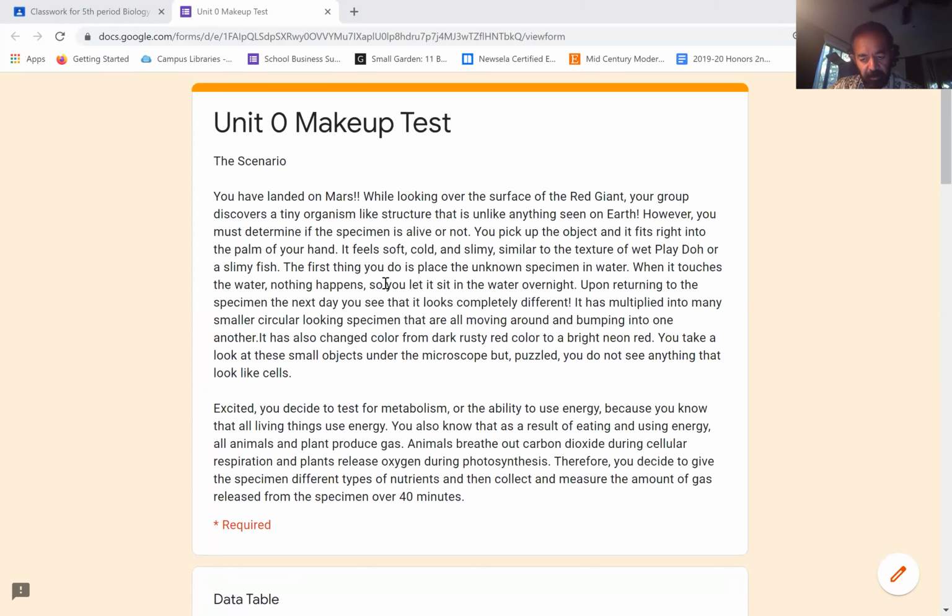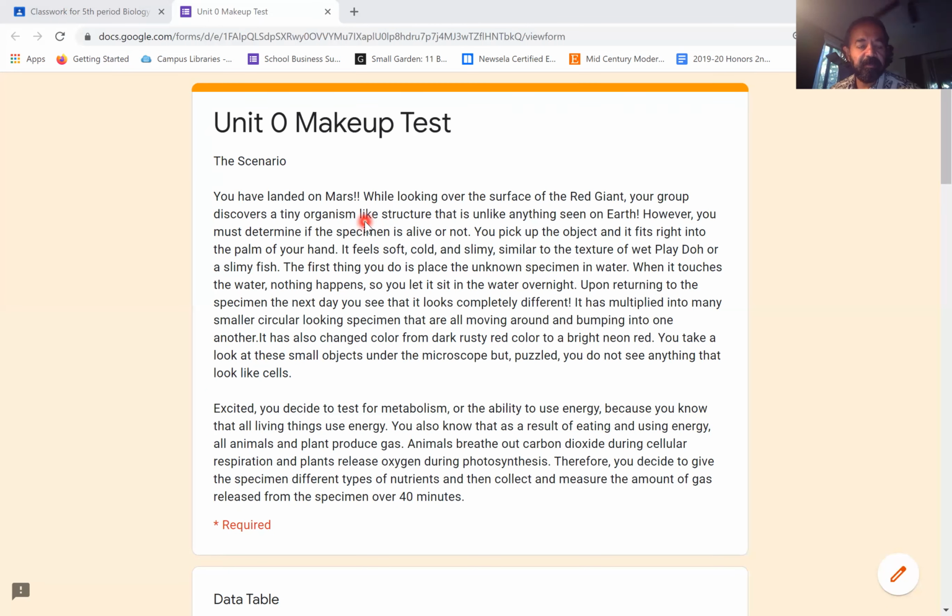And I'll go over the rules of what the makeup points will be and if you even need to take it. Some of you don't need to take the makeup test. Some of you do. I hope you take advantage of this. And all right, so let's move forward.